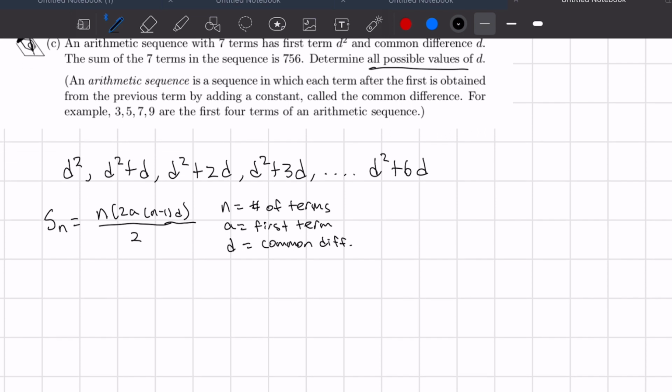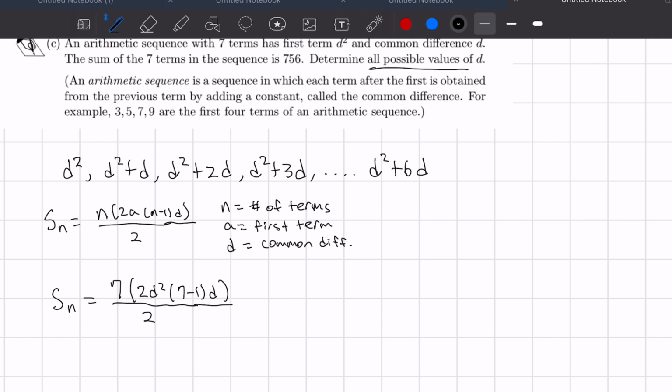So if we just plug in the formulas here, it should be pretty simple. Sn equals 7 over 2 times 2d squared, since the first term is d squared, and then 7 minus 1 times d, like this.